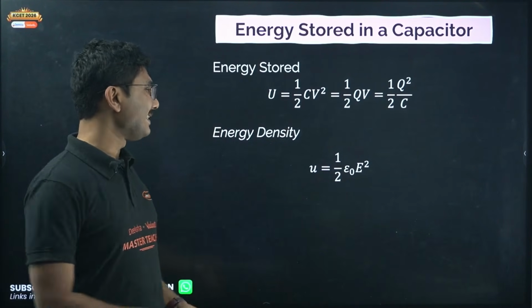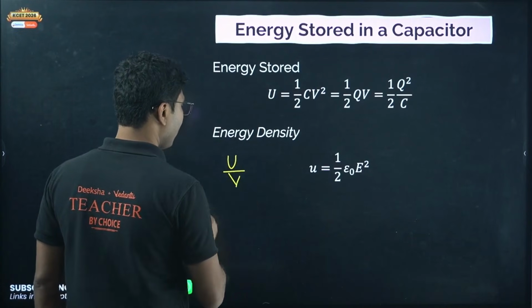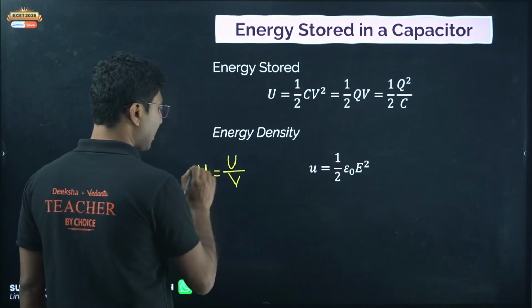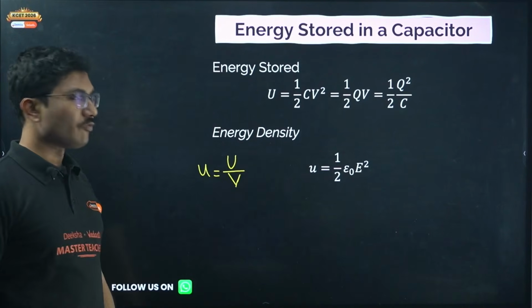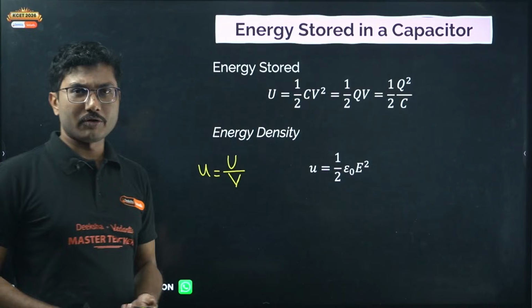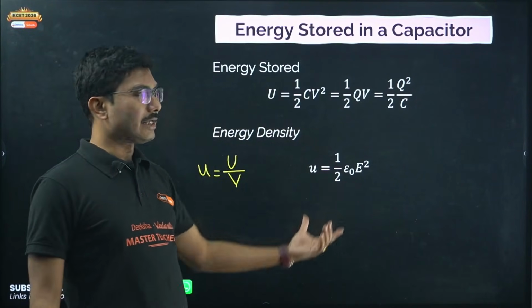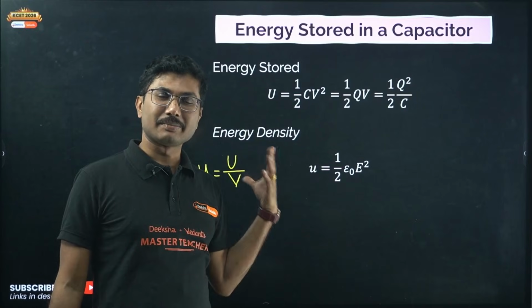Now energy density is basically energy stored divided by volume. Energy density is represented by small u, which is total energy stored divided by volume, and that can be expressed in this form. This form is important for PU, because you might see a question: express the energy density of a capacitor and explain the terms.